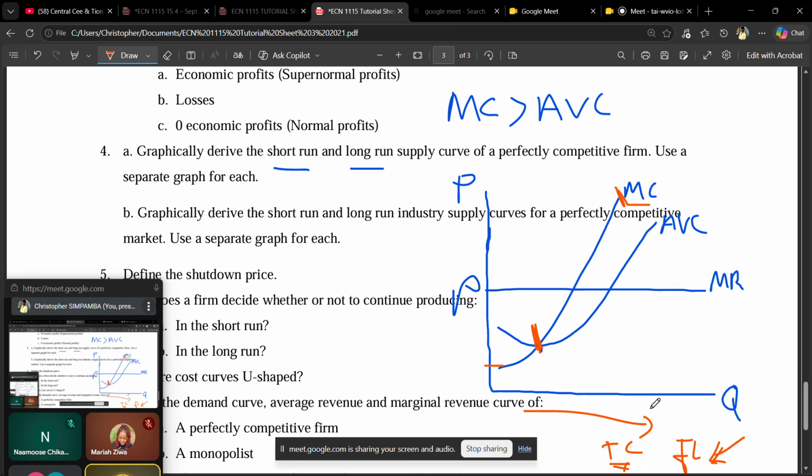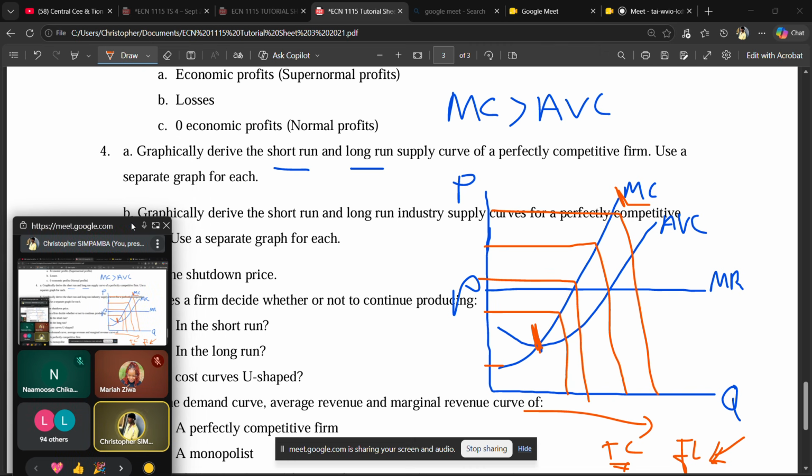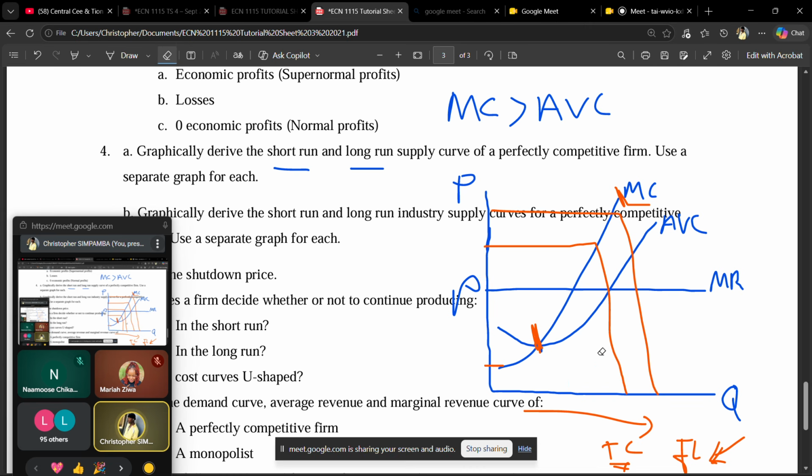For the firm to make profit, it can only increase the price. So the price can be here, there, and there; as you can see, the price is increasing, and the quantity is being increased for it to make profit. That is the illustration you can give under that graph. But cutting the story short, just understand that it is upward sloping because of the law of diminishing marginal returns. Are we okay on that?